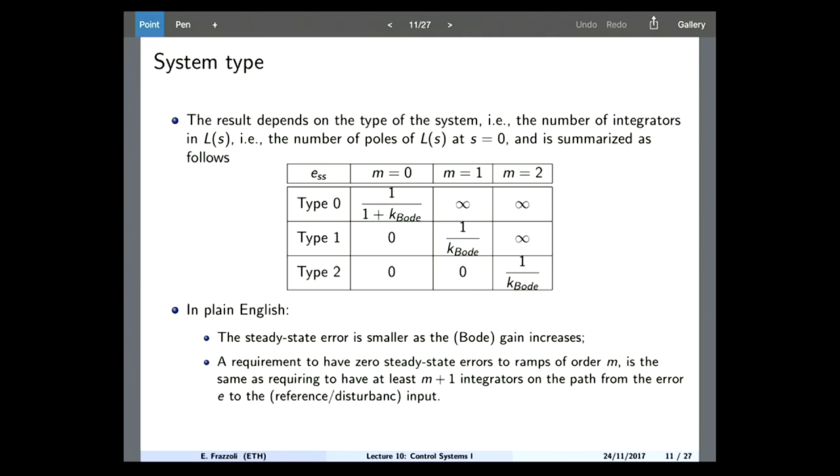So again, anytime somebody comes to you and asks you to design a control system such that the steady state error to a unit ramp is 0, what it means, in plain English, is just make sure that there are 2 integrators.